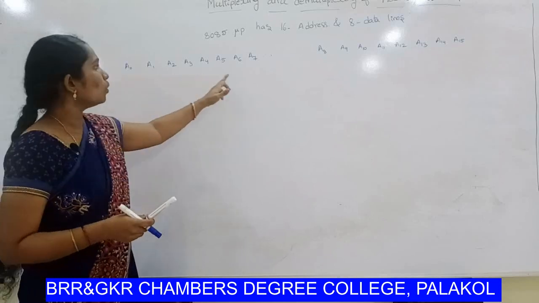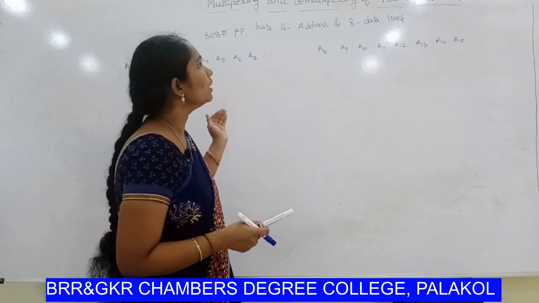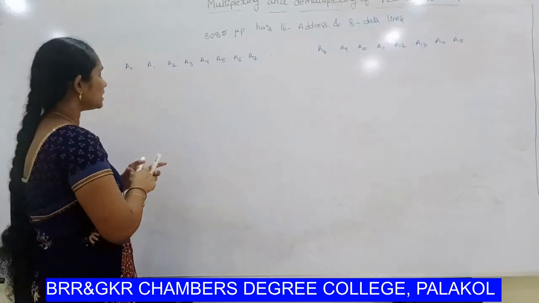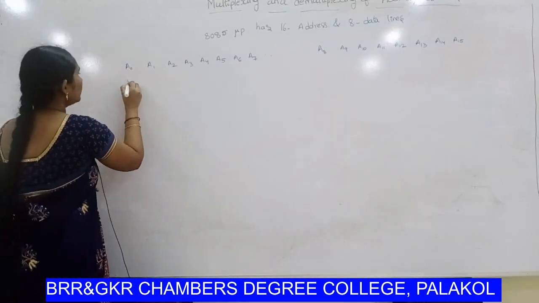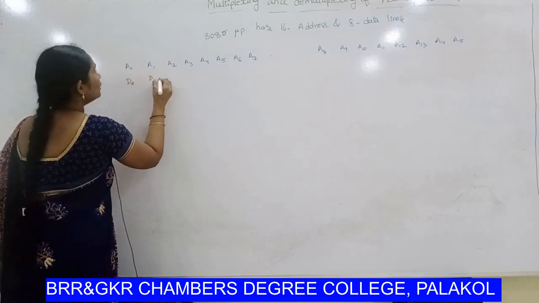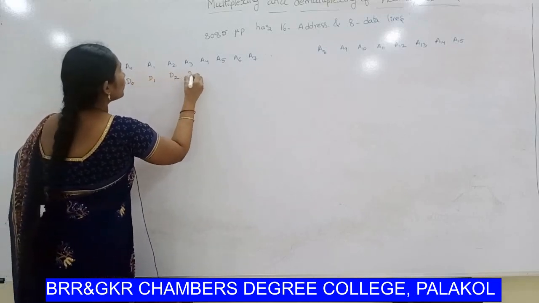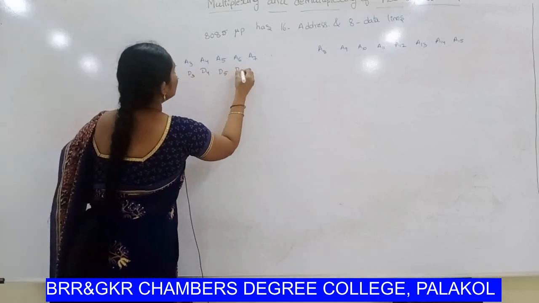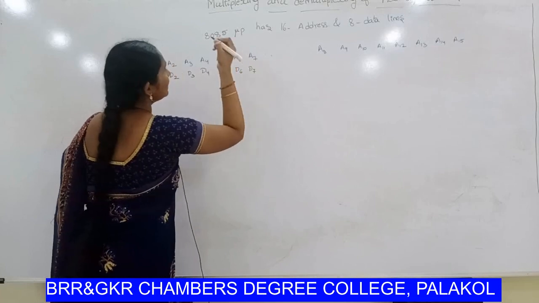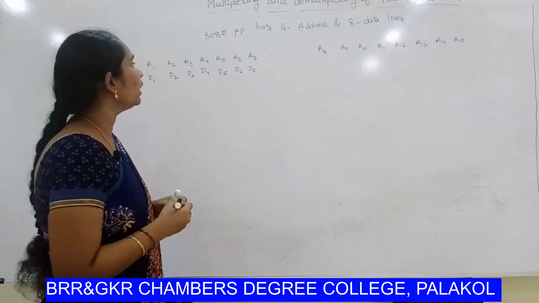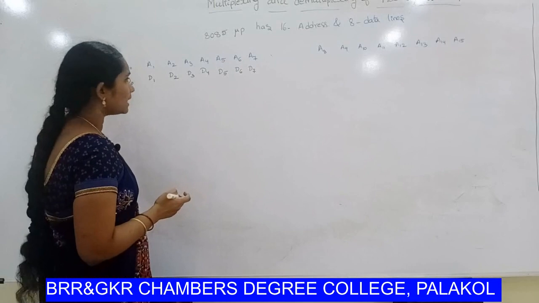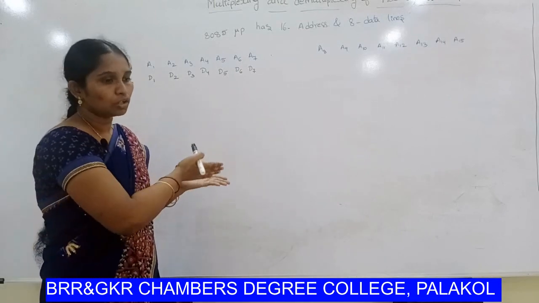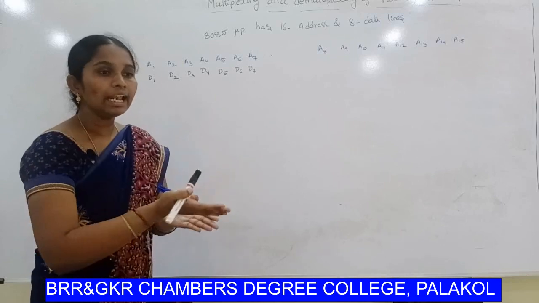Now, these lower order address lines are combined with these 8 data lines. The 8 data lines are D0, D1, D2, D3, D4, D5, D6 and D7. So these address lines and data lines are combined and transmitted on a single line.